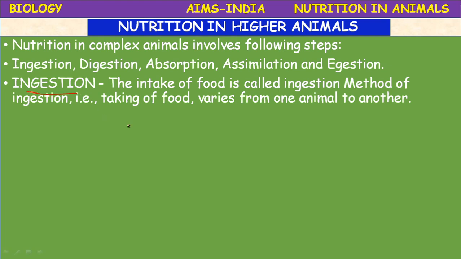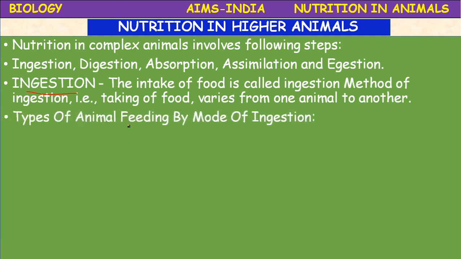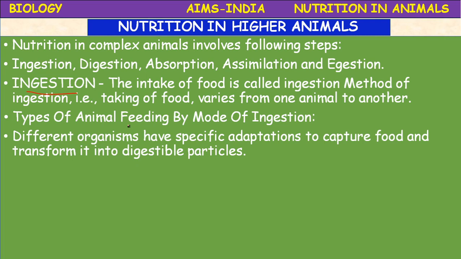The intake of food is called ingestion. The method of ingestion may be different, that is, taking of food varies from one animal to another. The types of animal feeding by mode of ingestion, if you see, different organisms have specific adaptations to capture food and transform it into digestible particles.